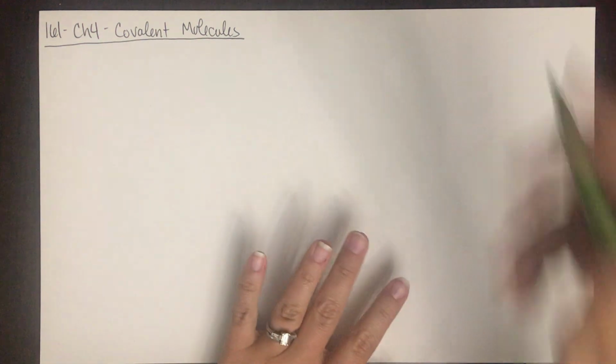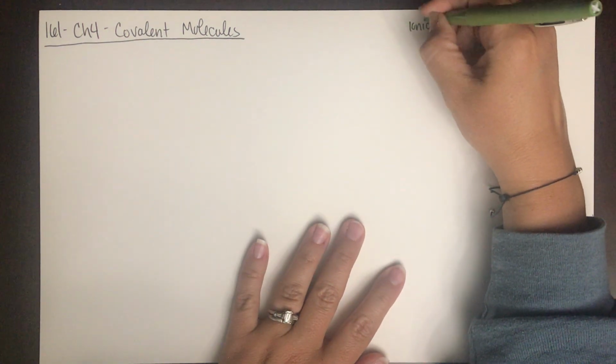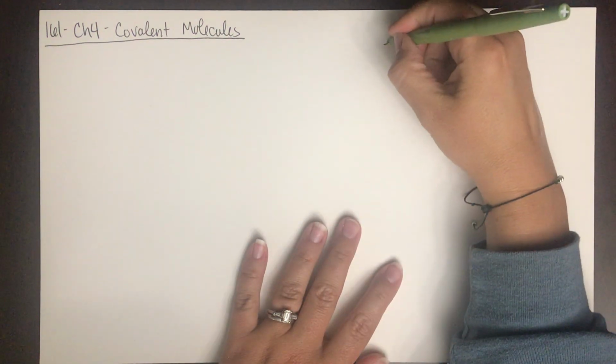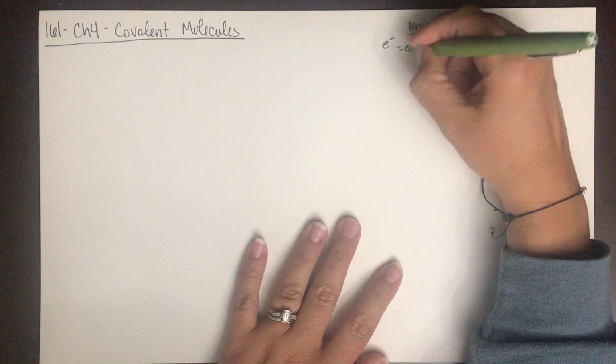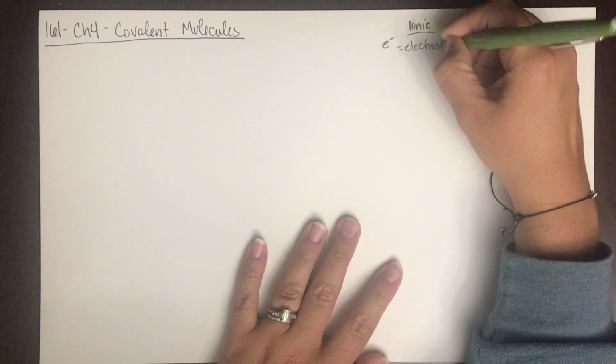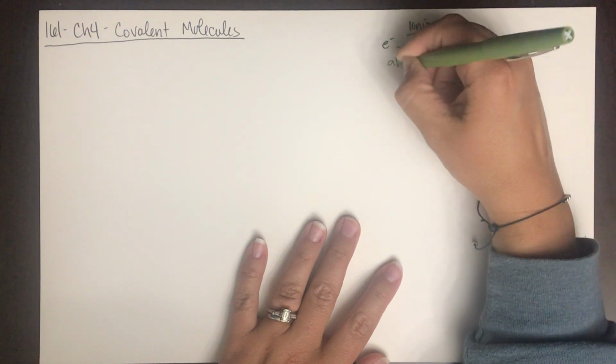Okay, so we spent the first half of this chapter talking about ionic compounds. What's happening in ionic compounds is an electrostatic attraction.